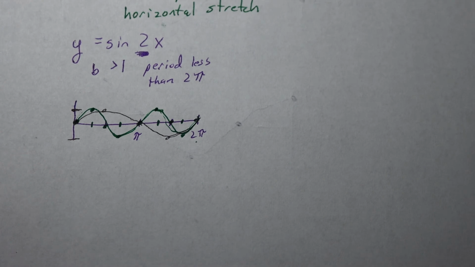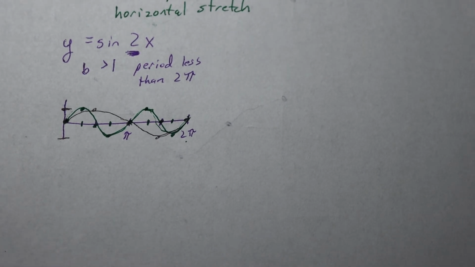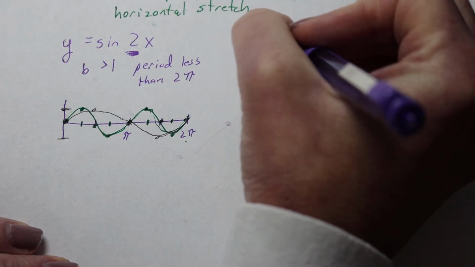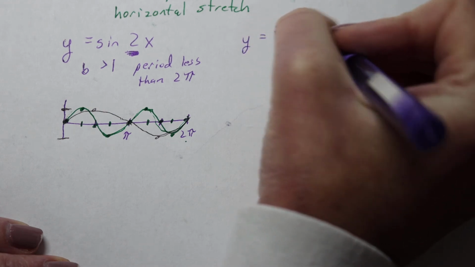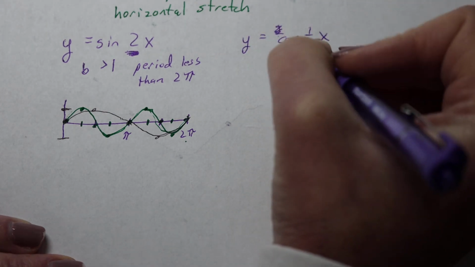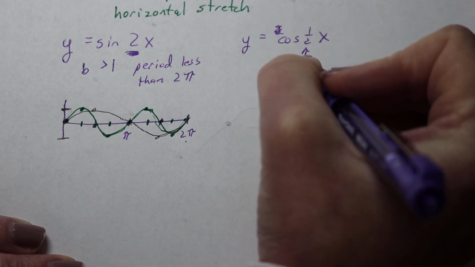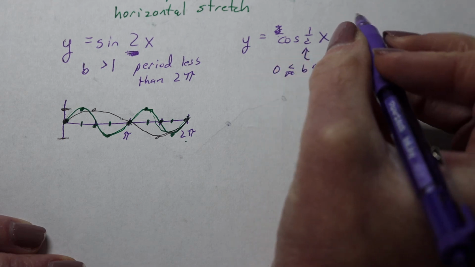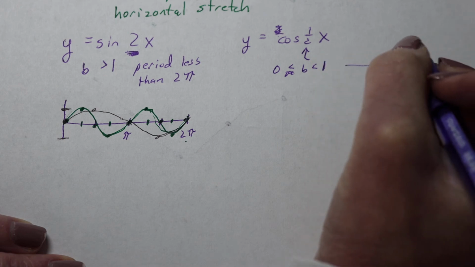Just so that you have an example, because I've been talking only about sine, let's also make sure that we can look at cosine. If I want y equals cosine of 1/2 x, because this number is between 0 and 1, that means we're going to make this thing stretch out longer.